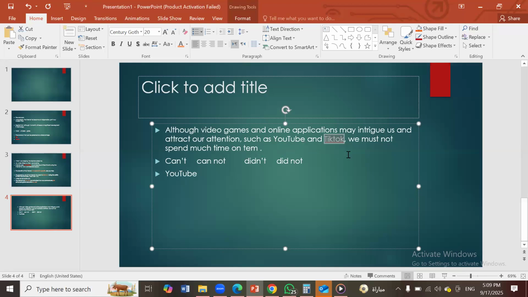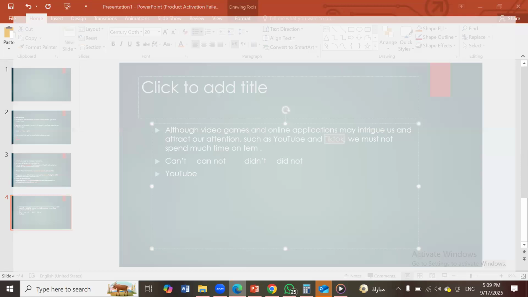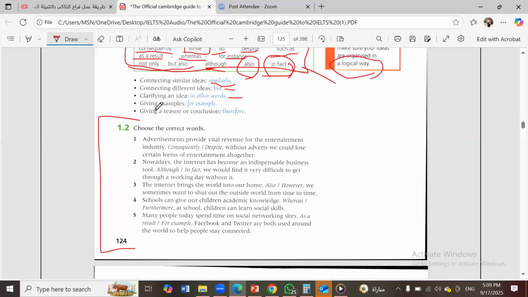In other words, وابتدي بقى إيه? Elaborate my إيه? My idea. Given examples, I say for example or for instance. Given a reason for conclusion, say therefore, ومنه, consequently. Okay.